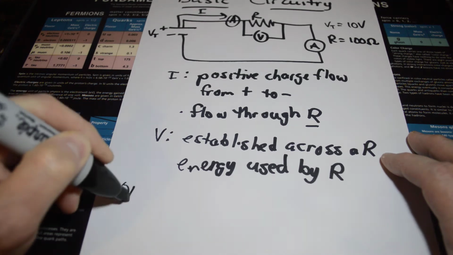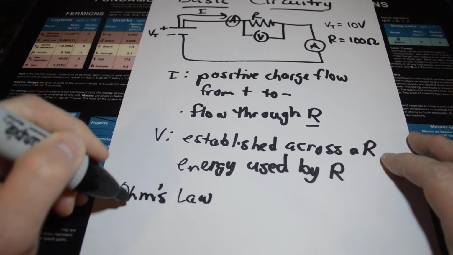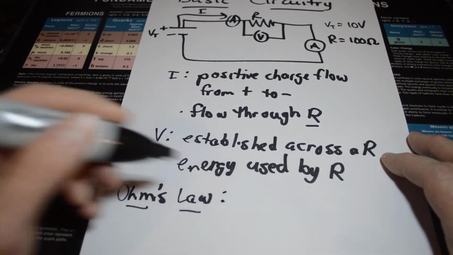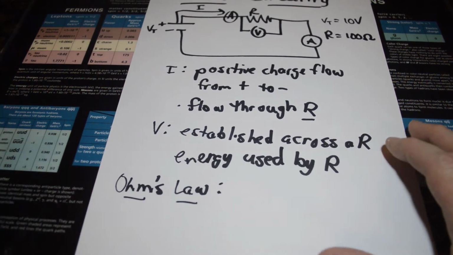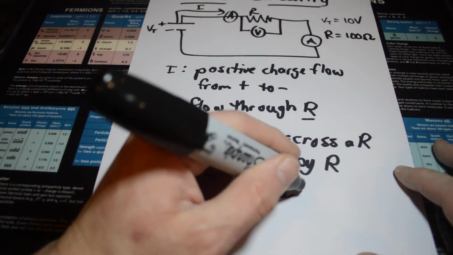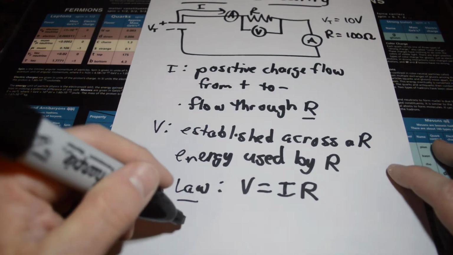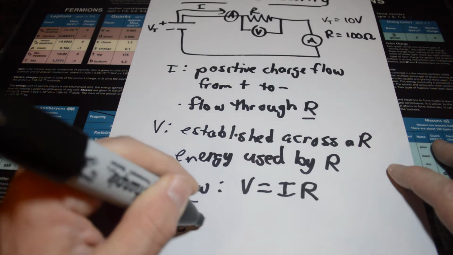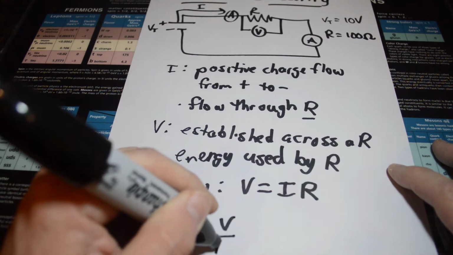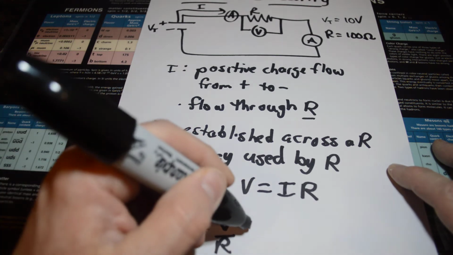One other thing I want to mention about this is there is a law called Ohm's law that tells you that there's a combination or a connection between the three variables, and that is the voltage is the current multiplied by the resistance. And so in this particular case, if I wanted to know what that ammeter would read, I could manipulate that equation and say the current I would read is the voltage over the resistance.